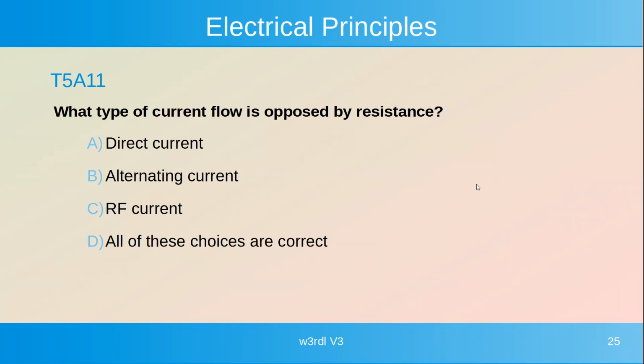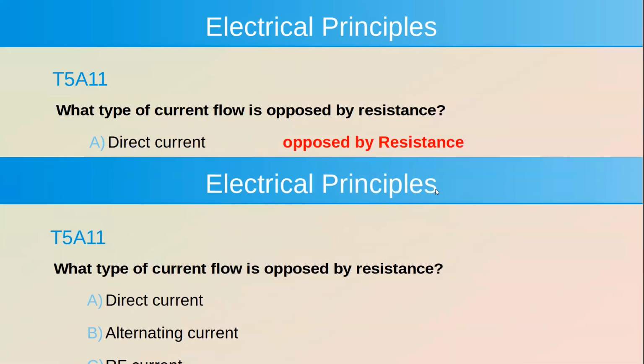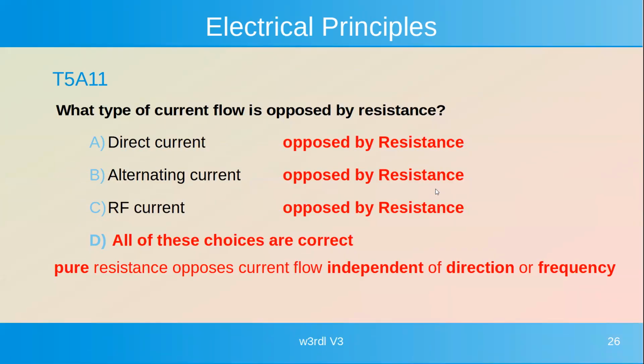So what type of current flow is opposed by resistance? D. C. Good. So direct current is opposed by resistance, alternating current, RF current, any kind of current.